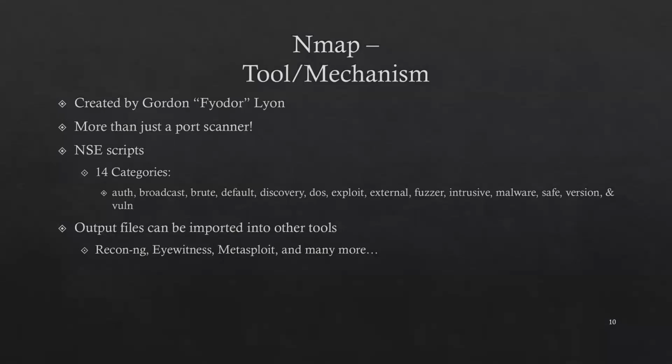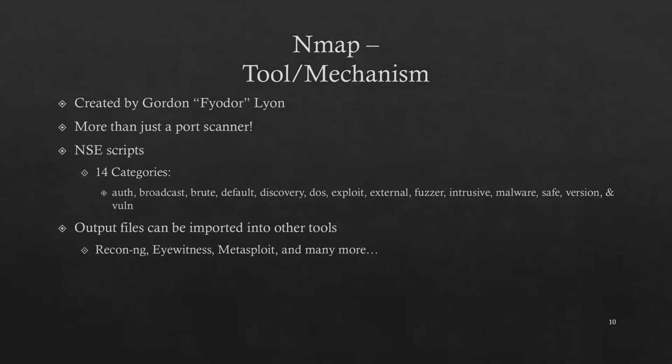Right. And one of the huge strengths of Nmap is its output files. Output files are fantastic from all of our tools, from all of the mechanisms that penetration testers use, because they can be consumed by other tools. If they're built in that sort of pen testing mindset ecosystem, a lot of tool developers go way out of their way to make sure that their tool isn't some standalone thing.